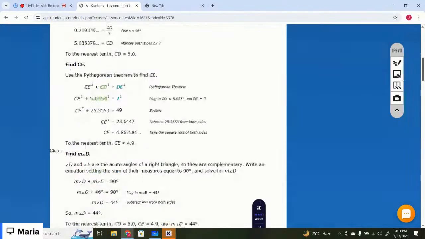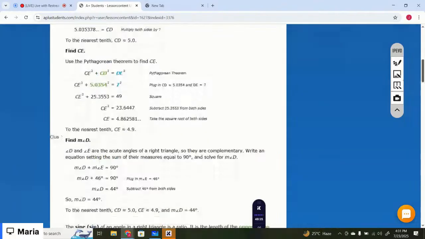So now use Pythagorean theorem to find the other side length, that is CE. So Pythagorean theorem is CE square equals CD square plus DE square. So CE equals 4.9.